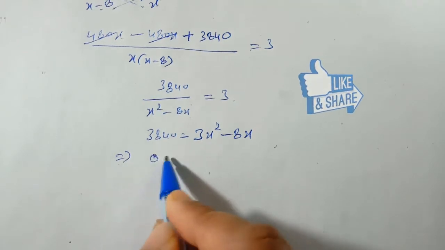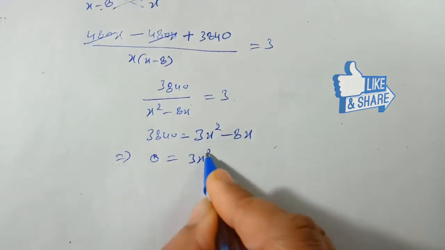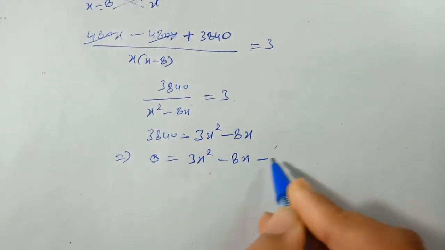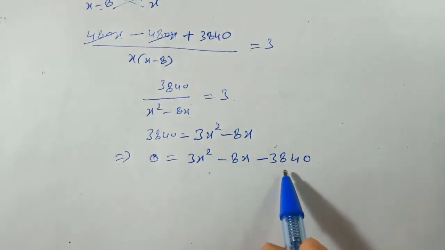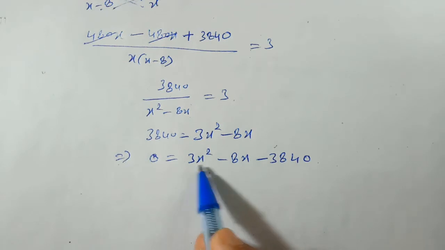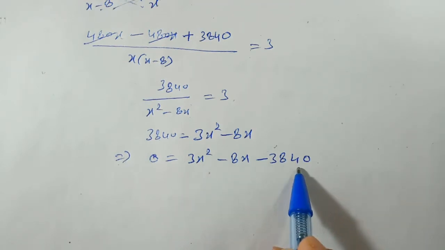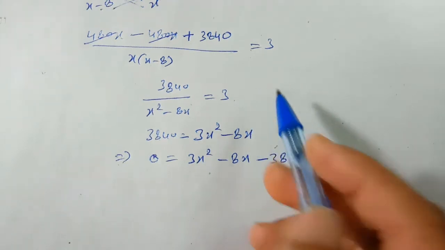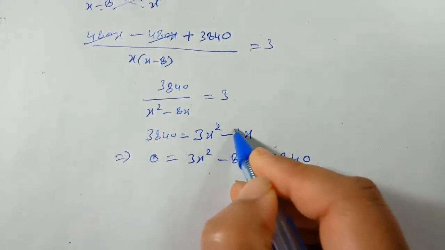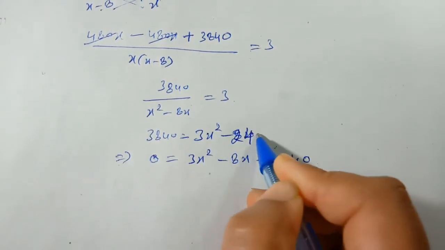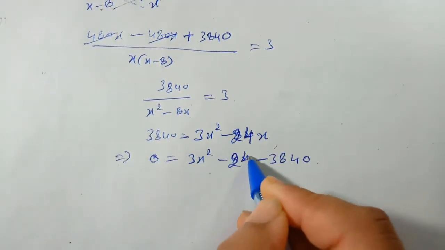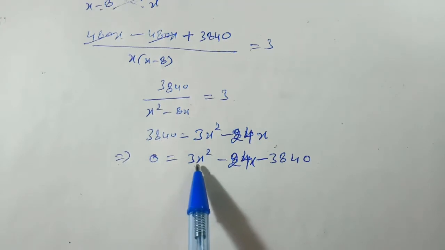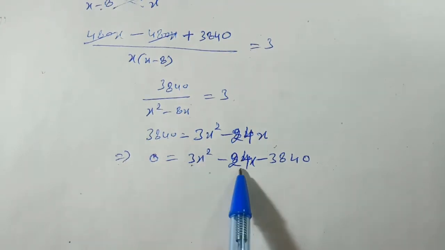Taking 3840 to the right-hand side, 0 equals 3x square minus 24x minus 3840. Let us check whether it is divisible by 3. Yes, 3840 and 24x are both divisible by 3.